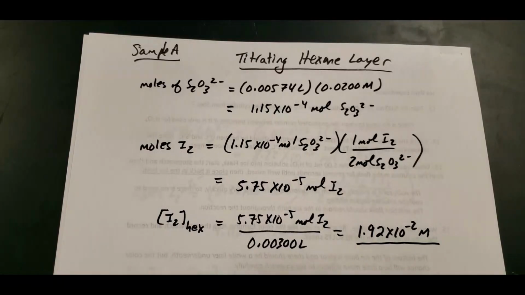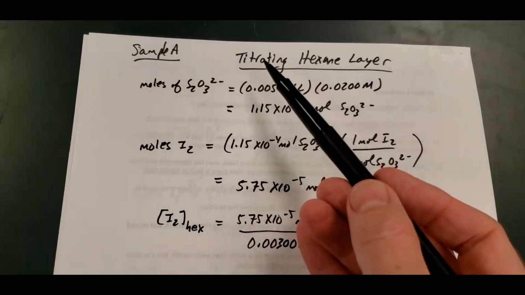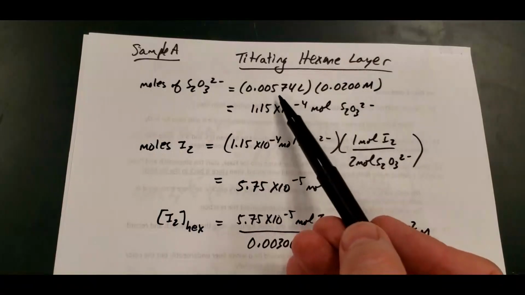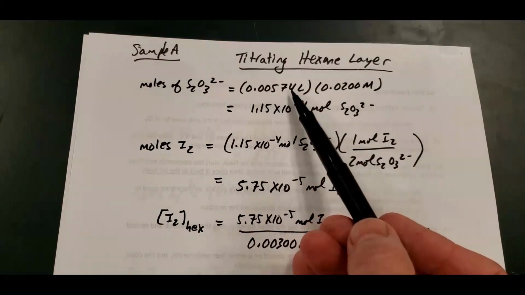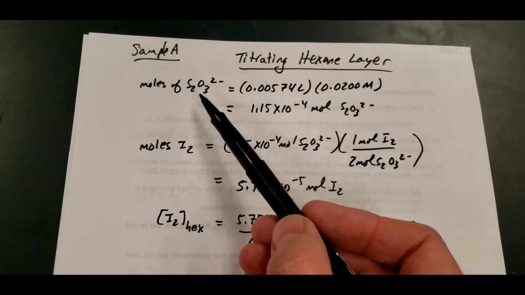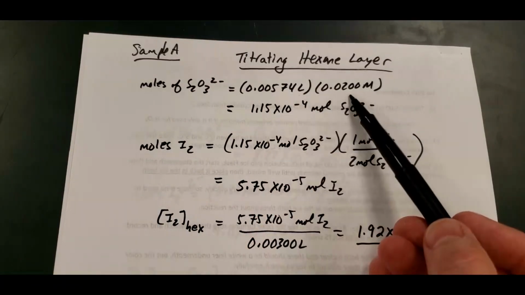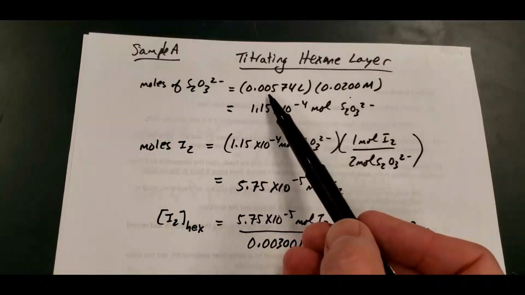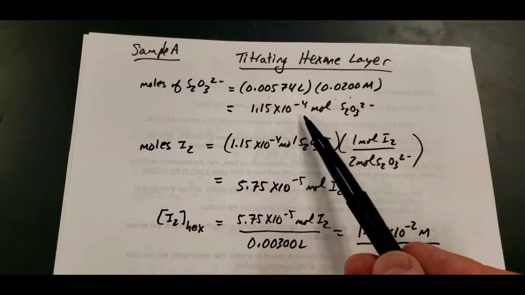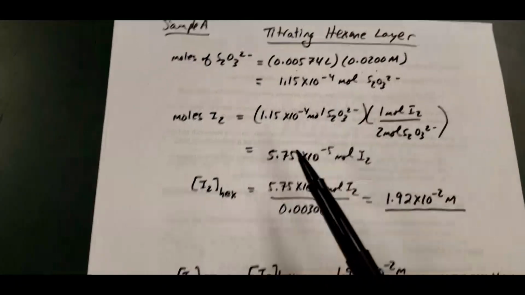Here is how this works. After titrating the hexane layer, we used 5.74 mL, or 0.00574 liters, of the thiosulfate solution, which had this concentration. The volume times the concentration gives us the moles of thiosulfate.